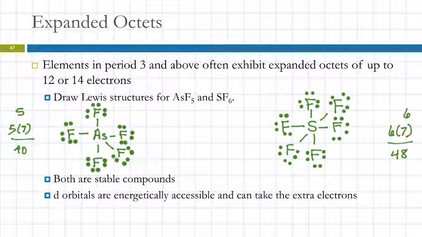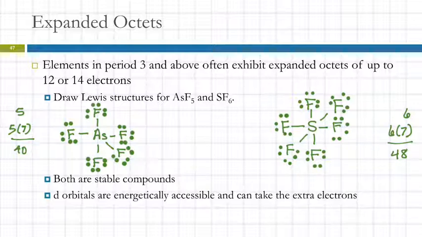There's also an empty D room. So if we've got 10 electrons here, the first 8 will fill up the S and the P, and then we can stick those extra 2 in that empty D room, and it's okay. Oxygen can't do that. Nitrogen can't do that, because the second period, the second floor in the hotel, only has the 2 rooms. Once you fill up with 8, you're done. You can't fit any more.